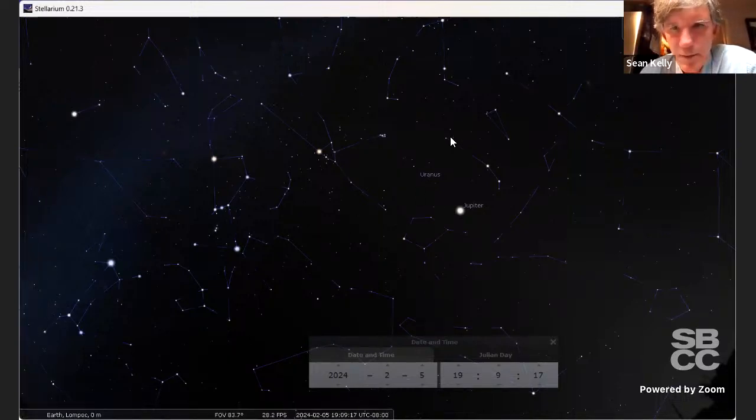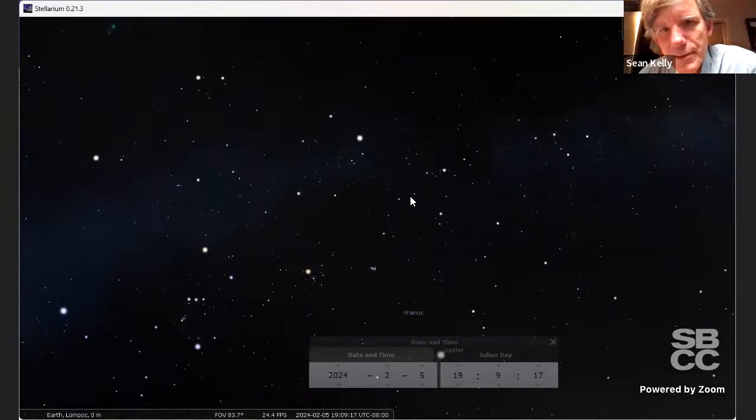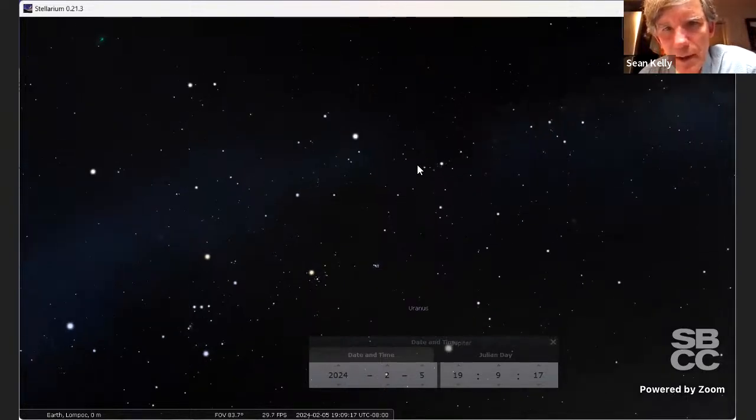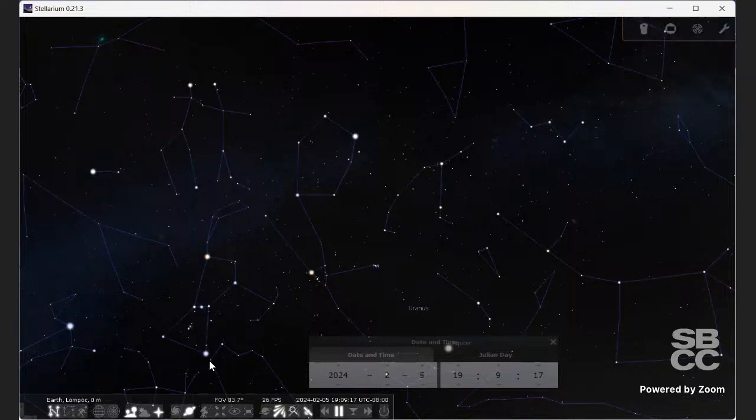Okay, now I'm going to take away the lines. We have Pegasus, we have Andromeda, and then we have a constellation here. There's a sweep of the arms, and then there's some legs. And this is the one that saves Andromeda. What's the proper name of that constellation?